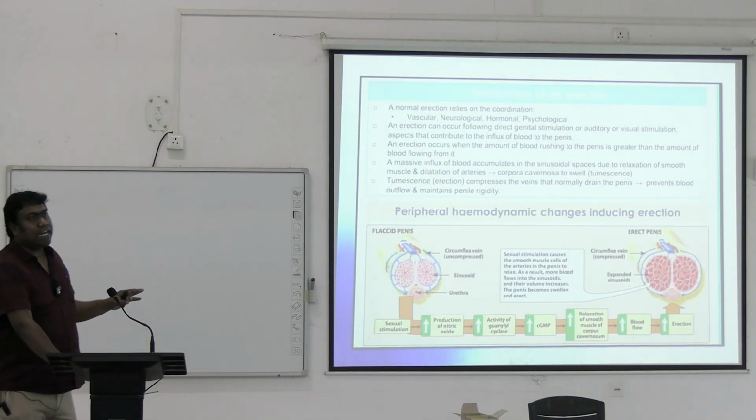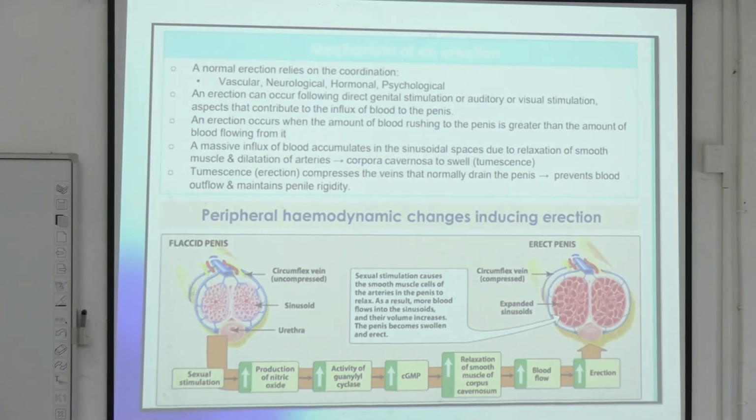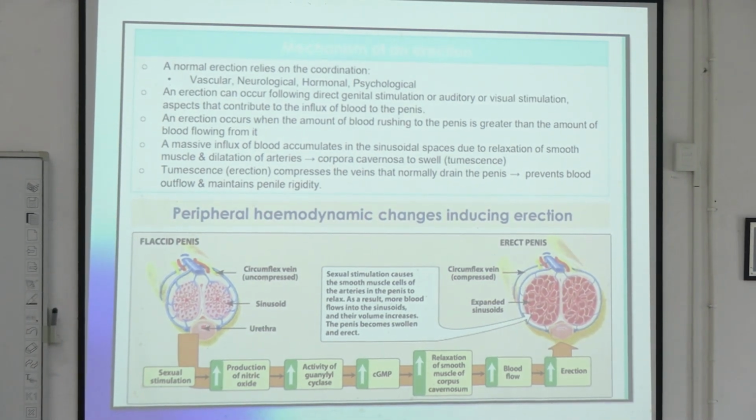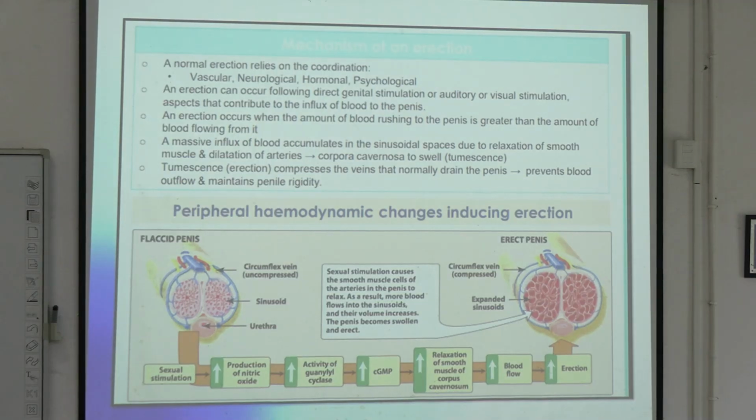So what is erectile dysfunction? It is the inability to sustain an erection of the penis for sexual performance. It has 4 components: a psychological component, a neurological component, a hormonal component, as well as a vascular component. Erection follows genital stimulation, which can be auditory as well as visual.